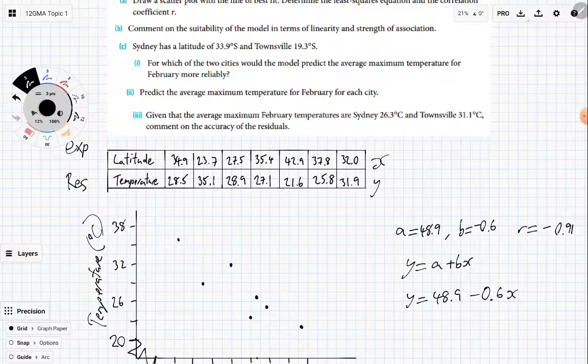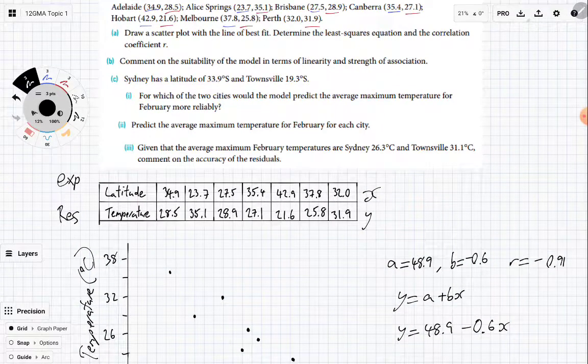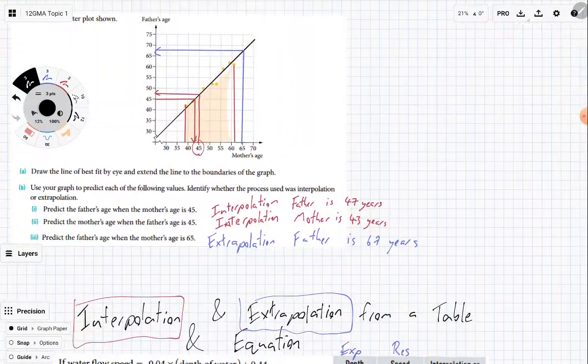Well, this comes down to which one is going to be more accurate. Now, we didn't talk about it last time, but there's a danger between extrapolation and interpolation. When we extrapolate, we make predictions outside of what our data already tells us. So we're looking outside of it. If we go back to the example we did a little while ago, we only have data from here to here.